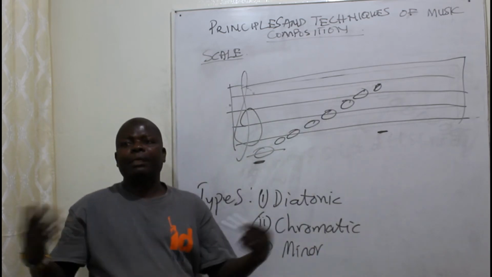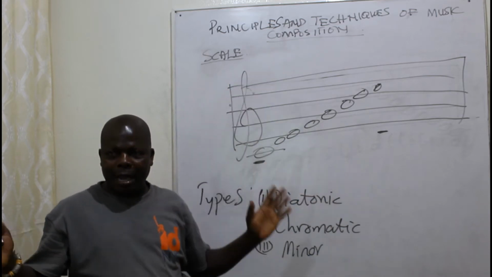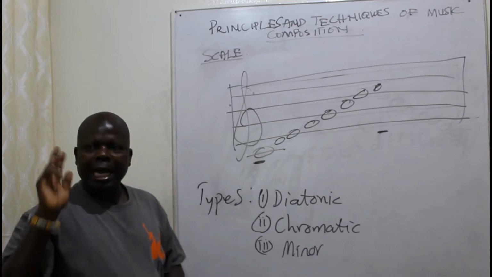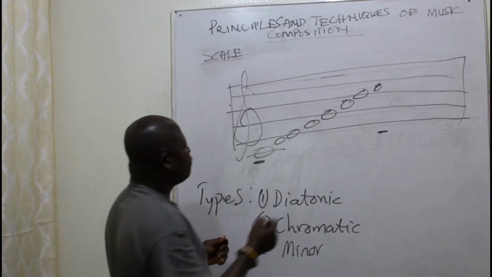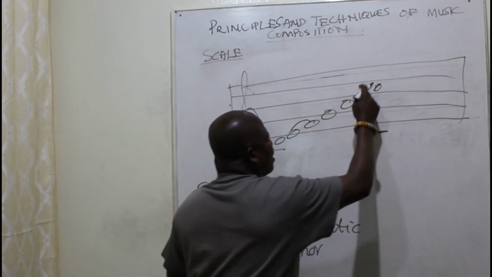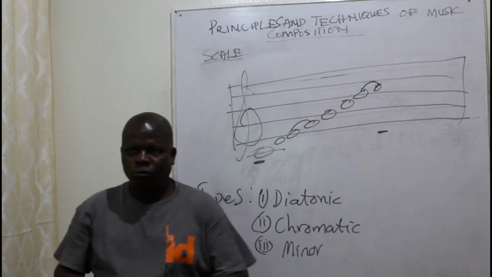The one we have been singing can be both ascending and descending, like we have already said. In the diatonic scale, the third and fourth, and the seventh and eighth, are always semitones.